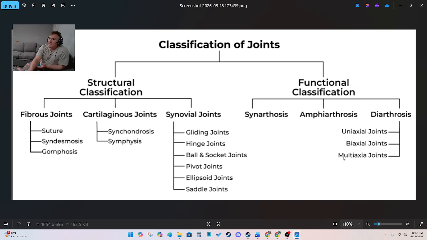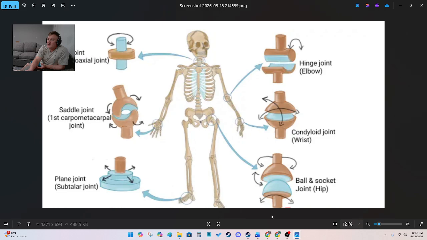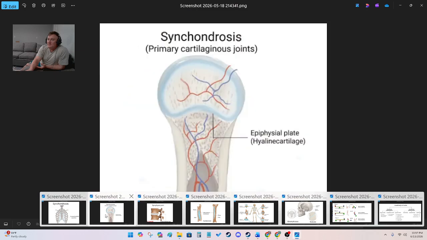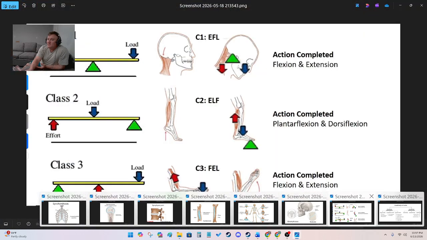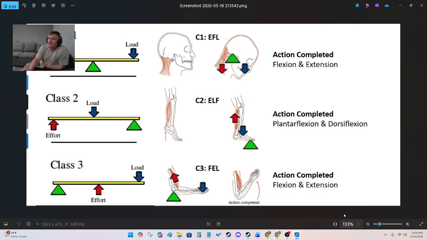Okay, but the multi-axial joints are the ones that actually rotate around. I think I've pretty much covered most of it. Let's go to the lever classifications.